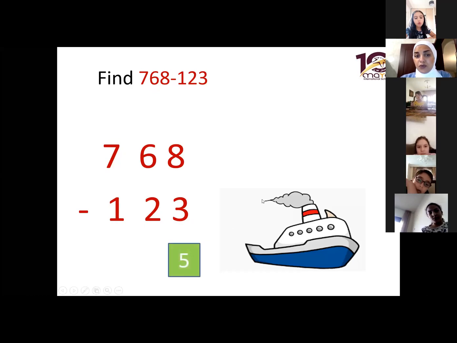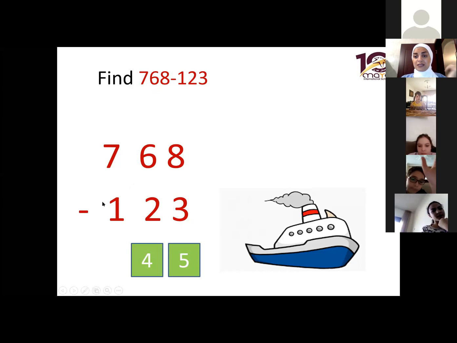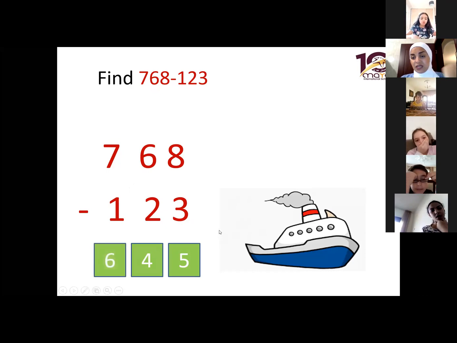Now move to the tens. 4. Good. Thank you. Then move to the hundreds. 7 minus 1 is? 6. See?